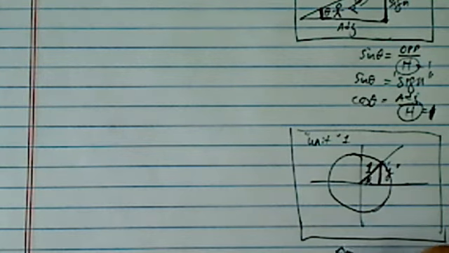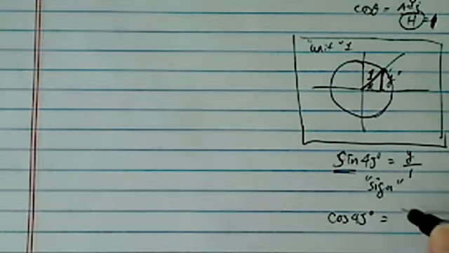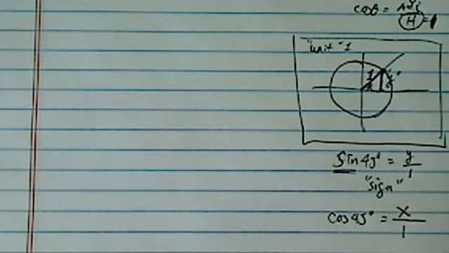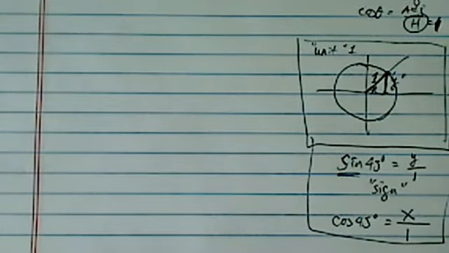So sine of 45 is equal to y over 1, whatever that y is. Because remember, sine is sine. Okay. And then cosine of 45 is going to be, as you guessed it, x value over 1. Over 1 because hypotenuse is 1.